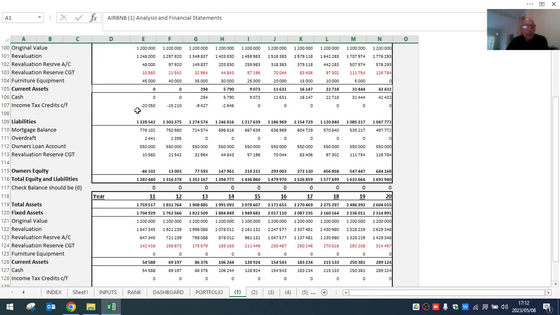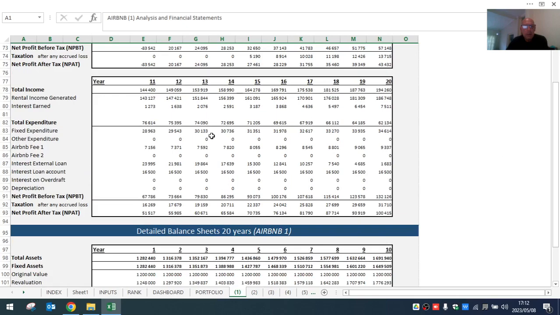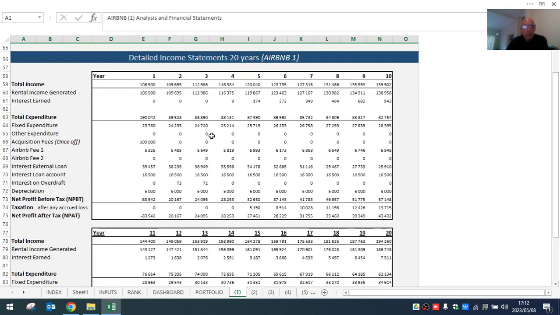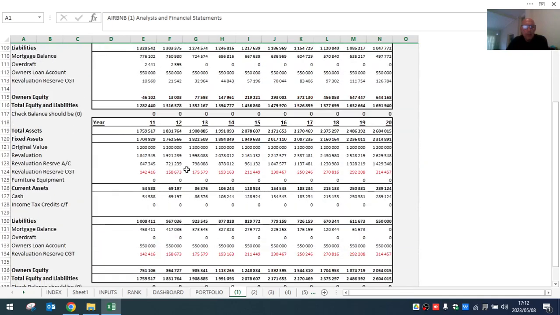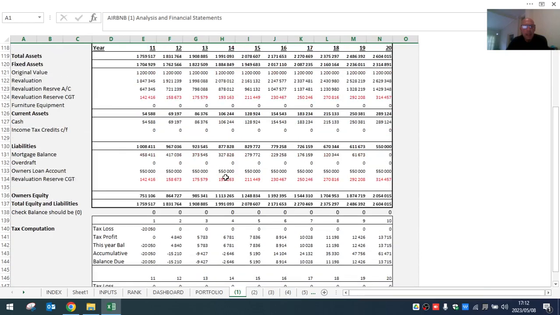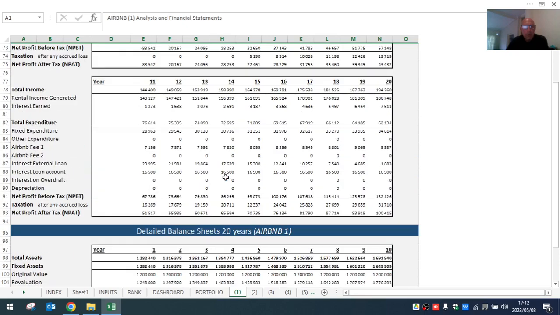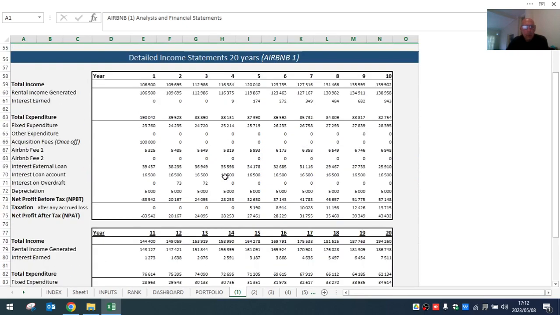You will see income tax credits are displayed here in case you're running a tax loss, which in this instance you're running a loss in the first few years. And right at the bottom we will have a tax computation, in case sometimes you lose your train of thought and you wonder why, for example, in year 2 you're running a slight profit but there's no tax payable.